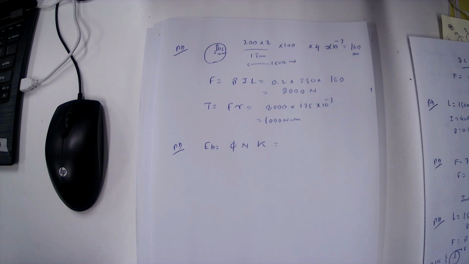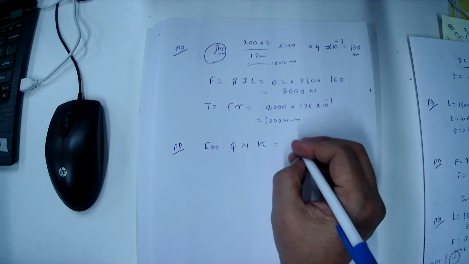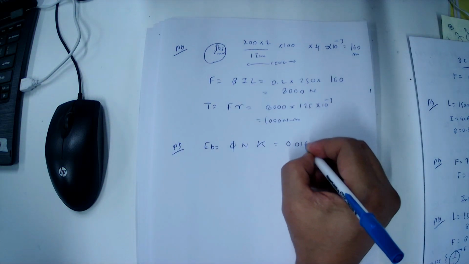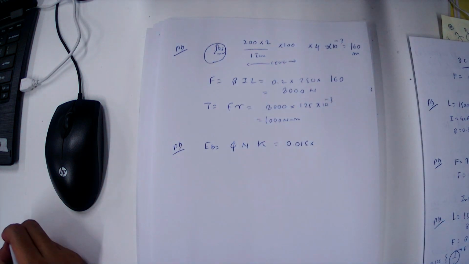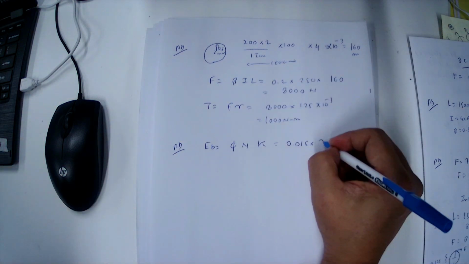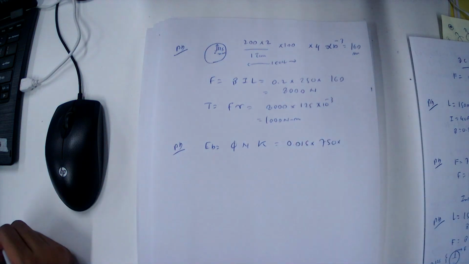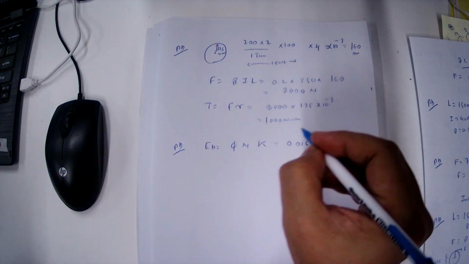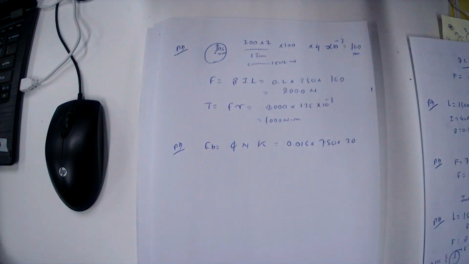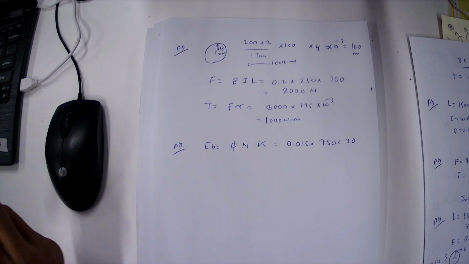So we substitute: 0.015 Weber, RPM 750, machine constant is 20. So 0.015 multiply 750 multiply 20, so that will be 225 volts.